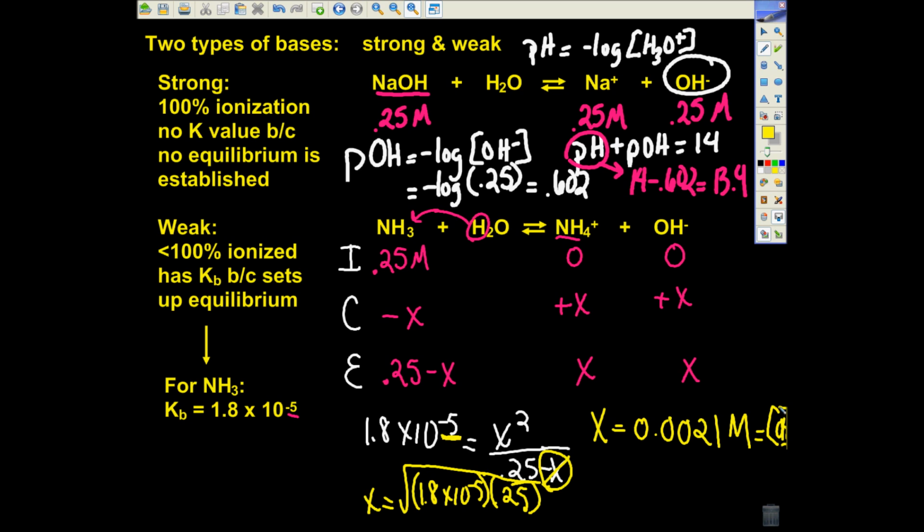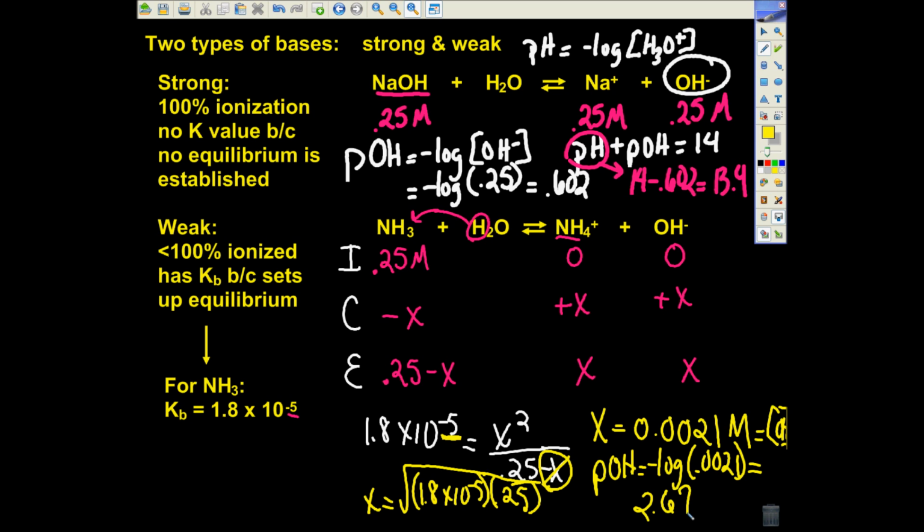So I can take the pOH of this value, and the pOH is going to be negative log 0.0021, and I get a pOH of 2.67.